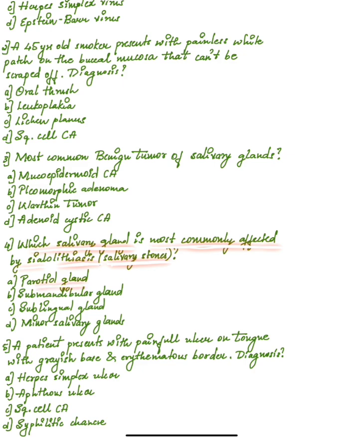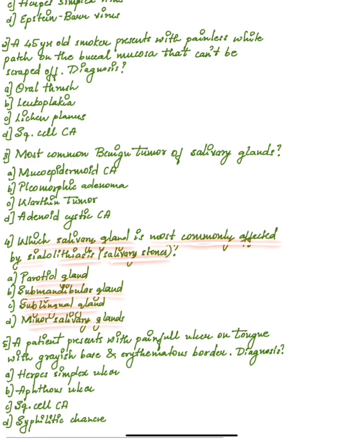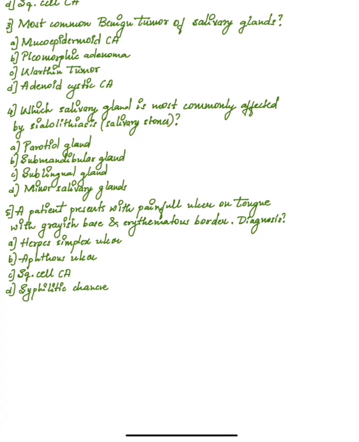Parotid gland, submandibular gland, sublingual gland, minor salivary gland. Next, a patient presents with a painful ulcer on the tongue with a grayish base and erythematous borders. The diagnosis can be herpes simplex ulcer, aphthous ulcer, squamous cell carcinoma, or syphilitic canker.